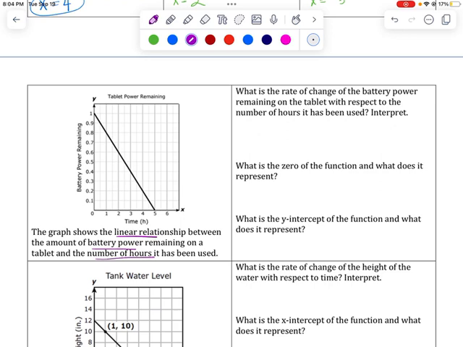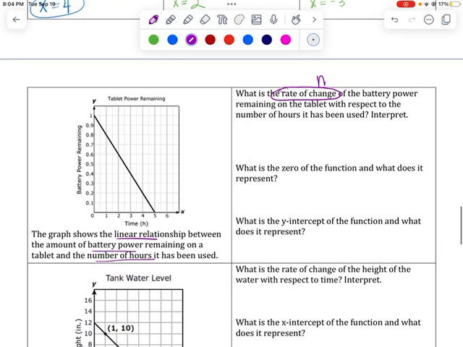Okay? And what is the rate of change of the battery power remaining on the tablet with respect to the number of hours it has been used? Rate of change, my vocab word. Slope or M. And interpret. So what does it mean? Interpret means, what does this mean?